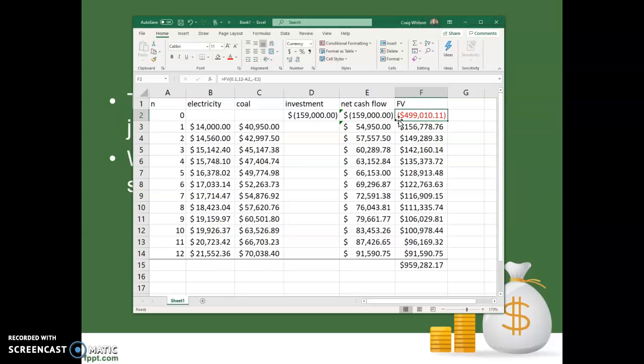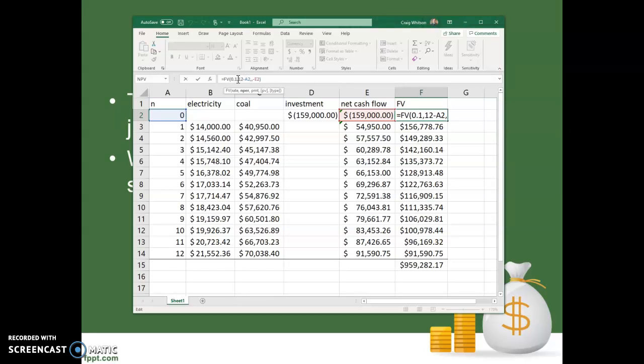But we don't want that in this case. We want our negative costs to still be negative and our positive revenues to remain positive. And also I should point out we use the 10% rate as specified in the problem statement. That's the minimum rate that the company wants to receive for their investment.